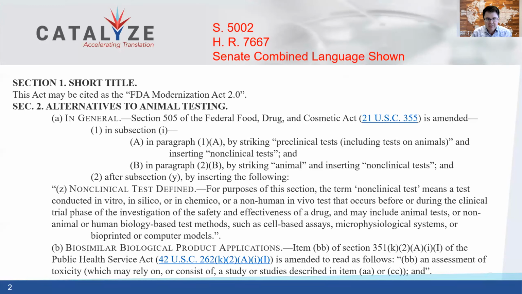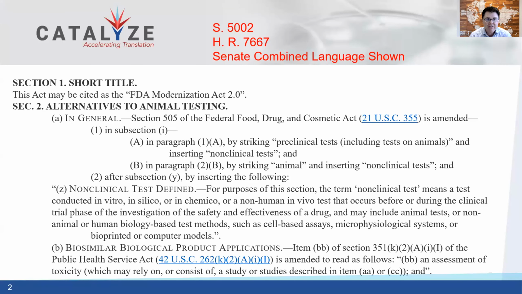Well, in the way Congress passes bills, let us look at the Senate combined language, which I've put on the screen, because the Senate version actually summarizes in the best details the parts that I wanted to focus on today.